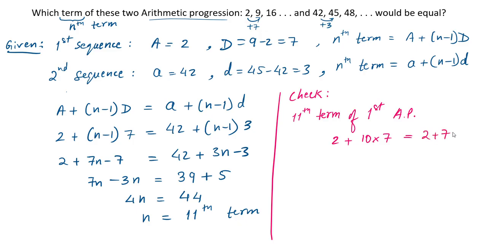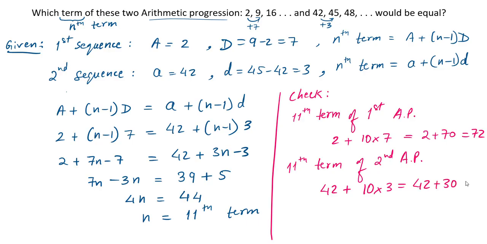So 2 plus 70, that's 72. Now I'm going to do the same thing for the 11th term of the second arithmetic progression. It's 42 plus (n minus 1), 10 times the common difference 3. So I got 42 plus 30, that's also 72. So yes, both sequences have their 11th term exactly the same value.